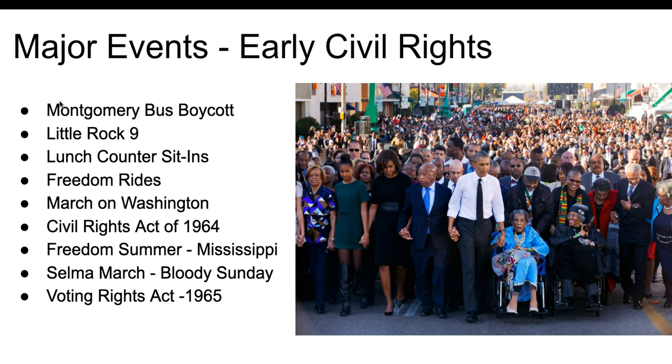All right. The Freedom Summer is SNCC and CORE invited a whole bunch of college kids down to Mississippi in order to register voters in Mississippi, and this led to what they call the Freedom Summer.